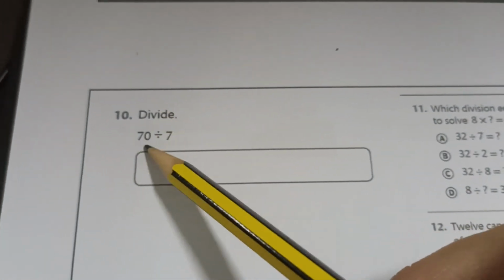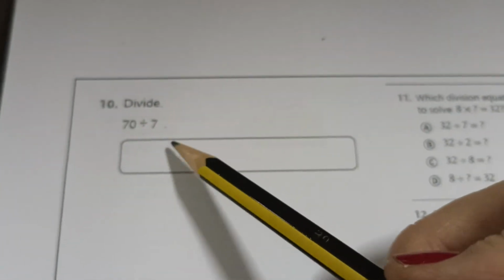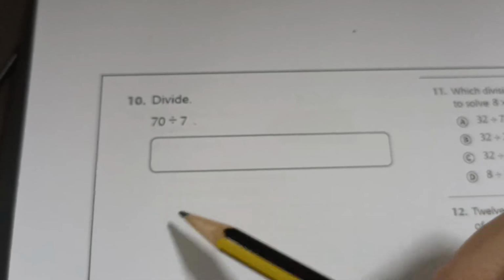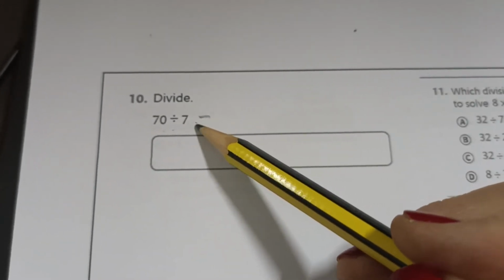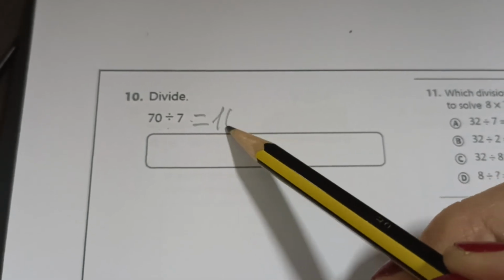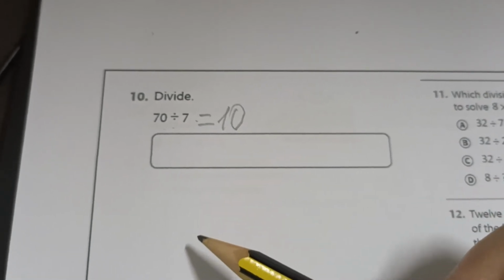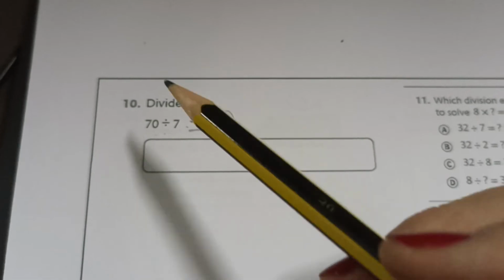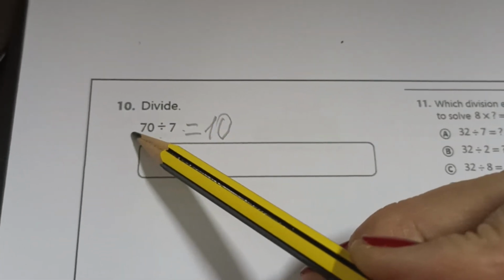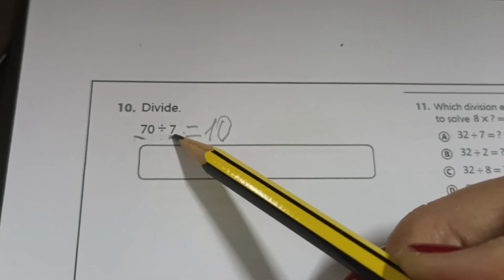Okay, divide 70 by 7. So 70 by 7 again. Multiplication table, drawing pictures, anything you want. You need to show me what strategy you use. But the answer is 10. Okay, what strategy do I use? I am telling you, this is the same as multiplying by 1. You divide number by number.